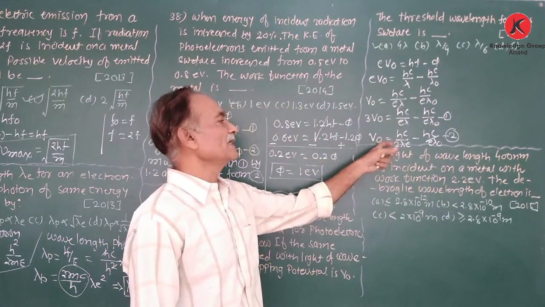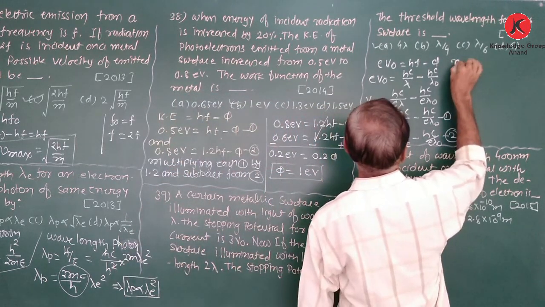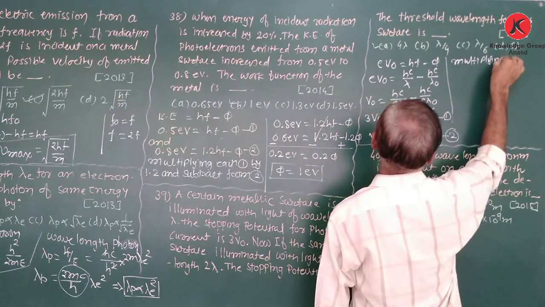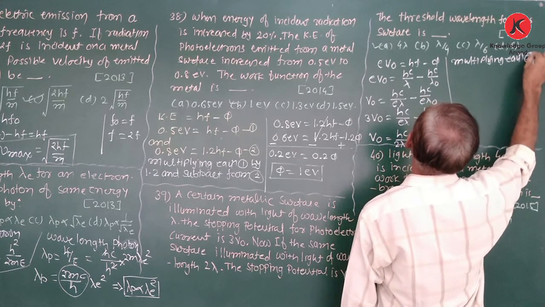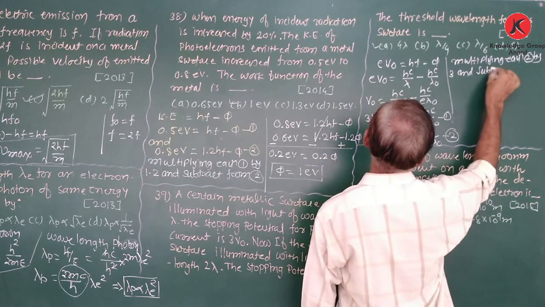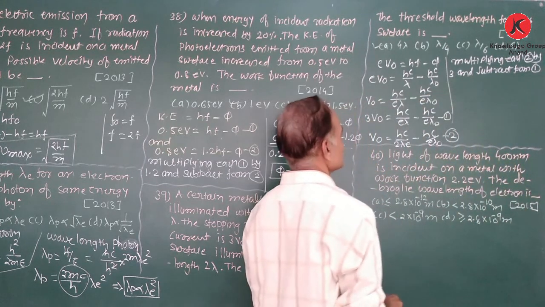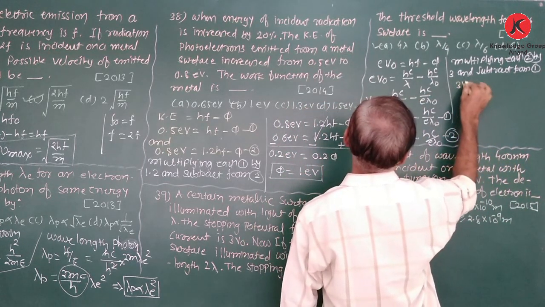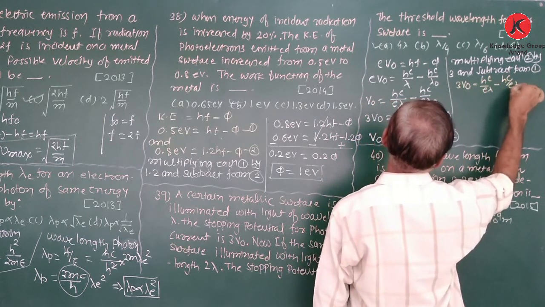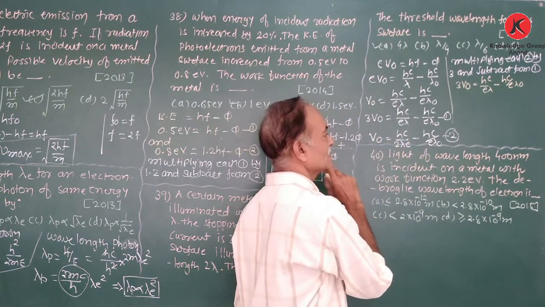Now equation 2 is multiplied by 3 and subtracted from 1. So one equation is 3V0 is equal to hc upon e lambda minus hc upon e lambda 0. Now multiply equation 2 with 3.